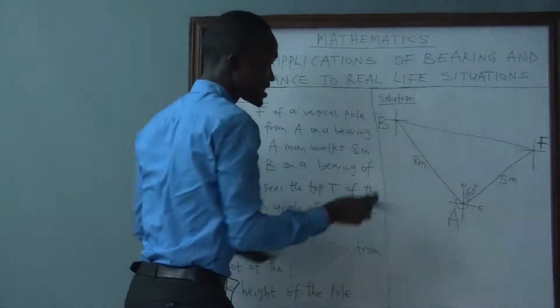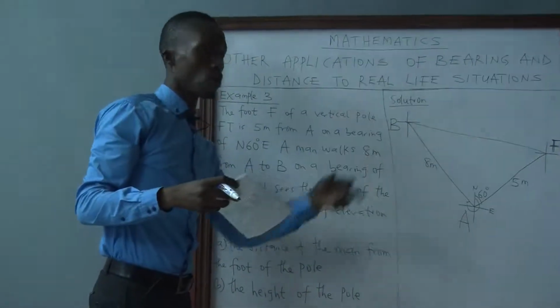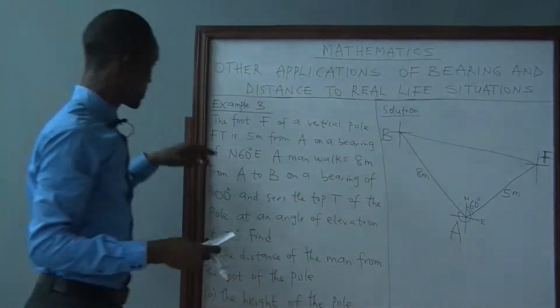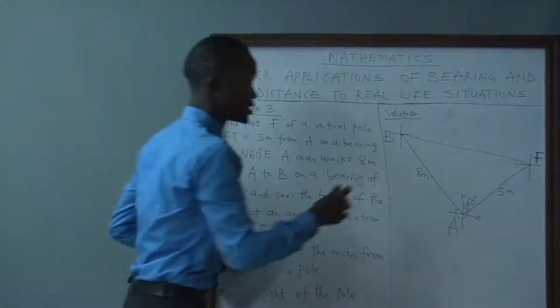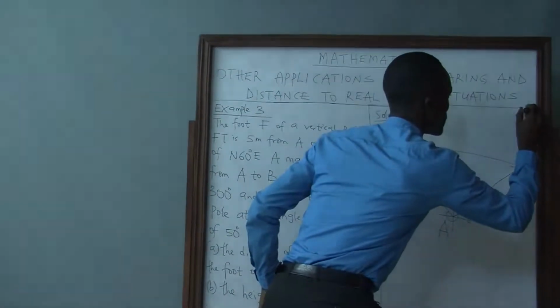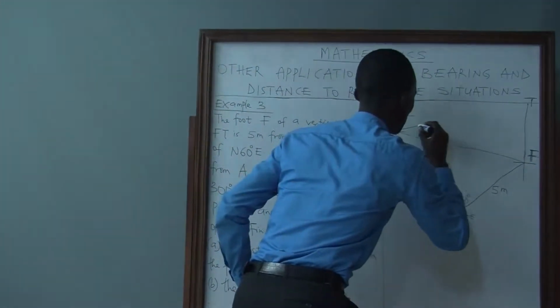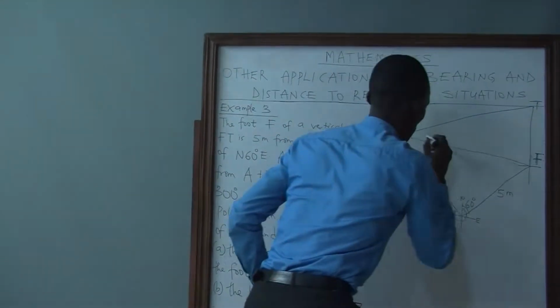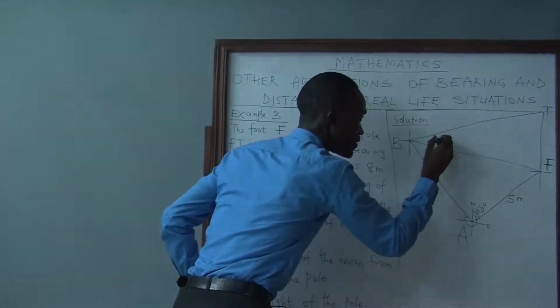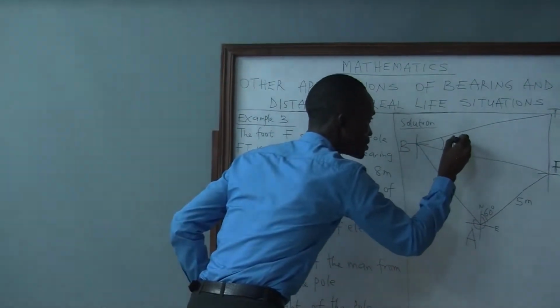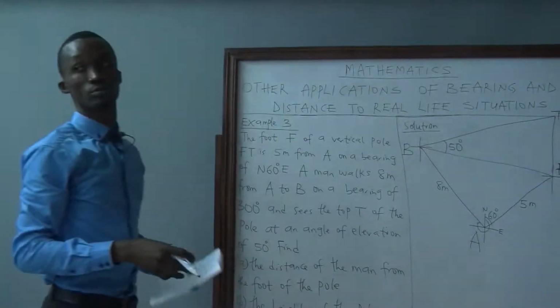The man on getting to B now observes the top of this pole. We are giving the pole as FT. So this is T. The man now observes the top T of that pole at an angle of elevation of 50°. That's what the question is saying.